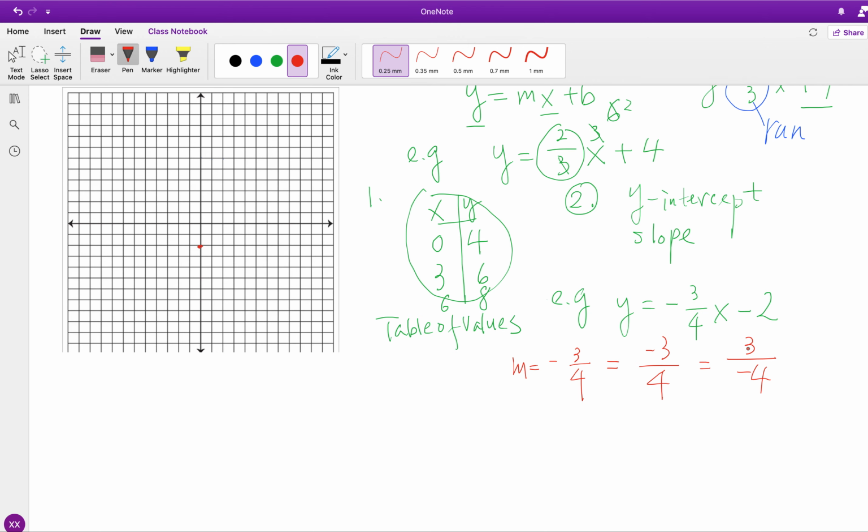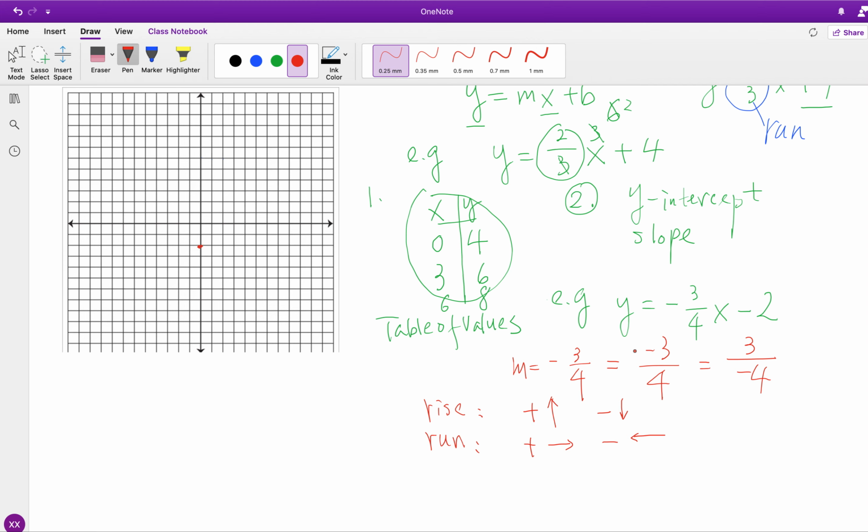In the other case, rise is positive and run is negative. So for rise, if it is a positive number, it goes up. If it's a negative number, it goes down. Now run, on the other hand, if it's positive, it goes to the right. If it's negative, it goes to the left, right?